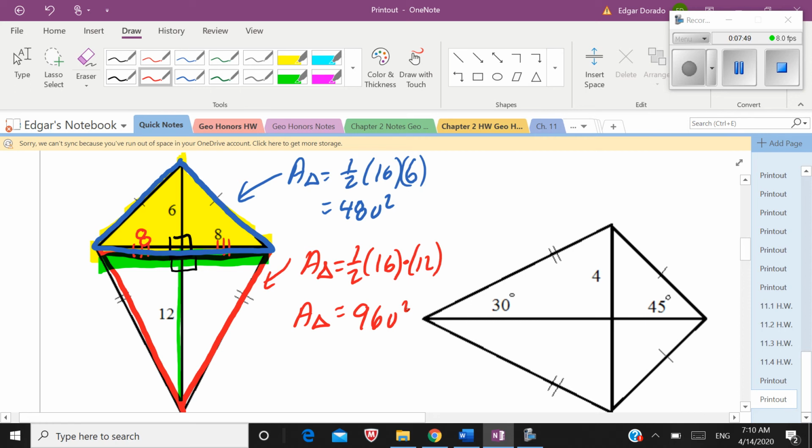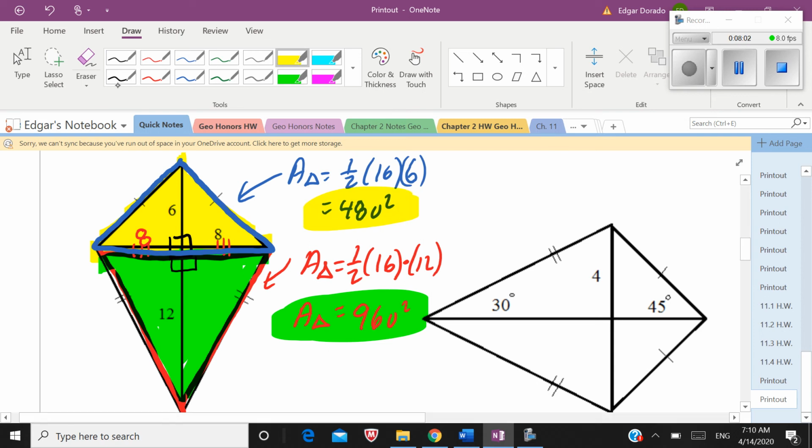Alright, and all I have to do now, that was the area of this green portion. So what do I have? Well, that's the whole kite, guys. That's the whole thing. So I have this green area here plus this yellow area here.